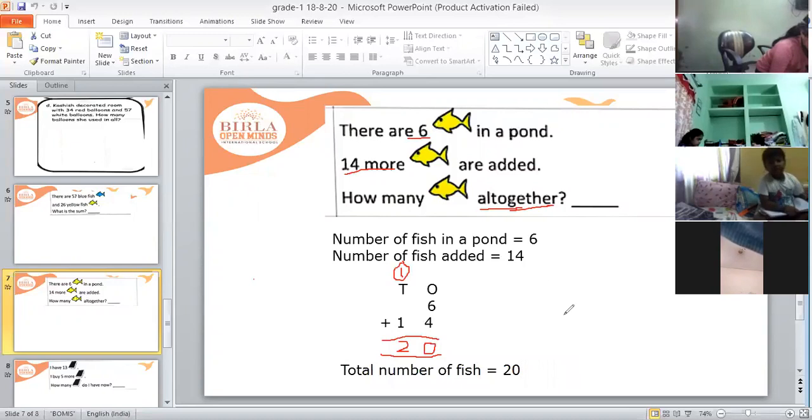Write this fast. Yes, children, write fast. Total number of fish equal to 20.